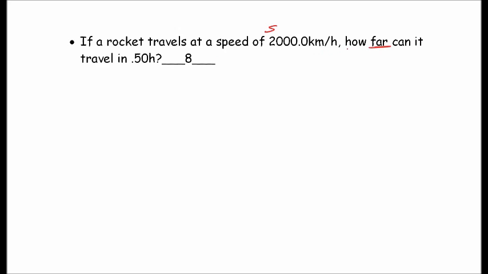How far? That is a distance. How far can it travel in 0.50 hours? That 0.50 hours is a time. So we're looking for the distance this rocket can travel at this speed in this amount of time.